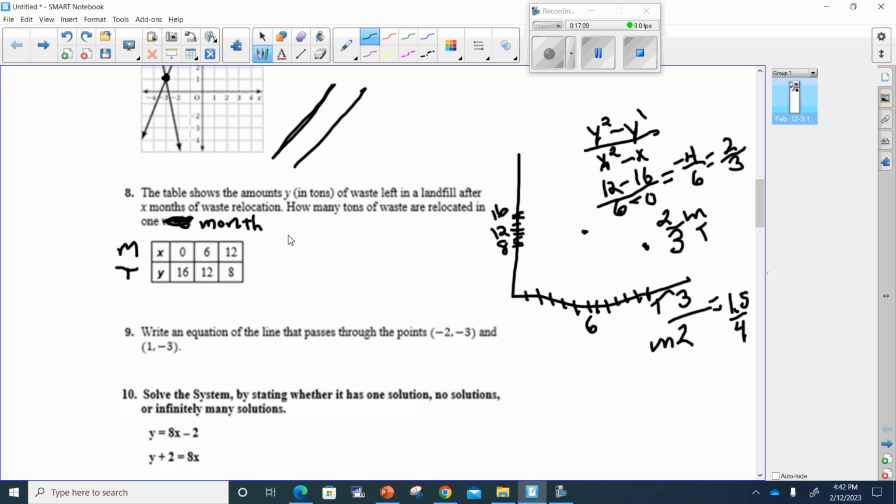But since it's months and not weeks, we would not go ahead and do all that. We would keep our answer as 2/3 because that's a 2/3 slope. So how many tons of waste are located in 1 month? 2/3 ton.